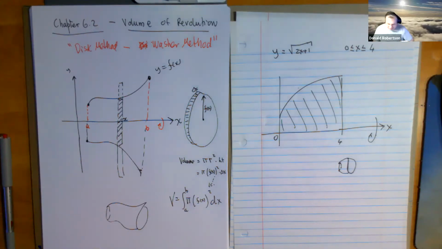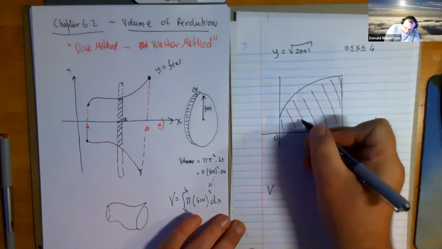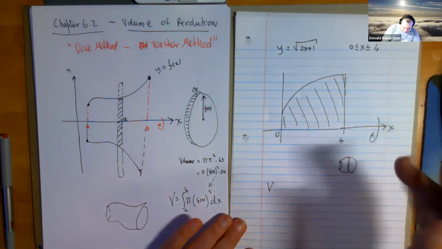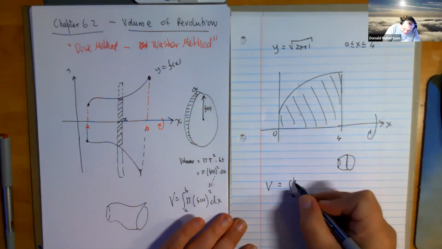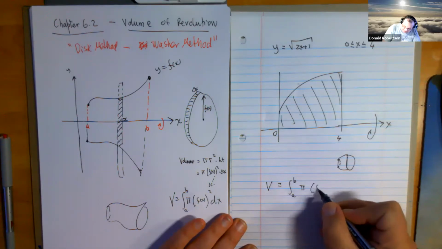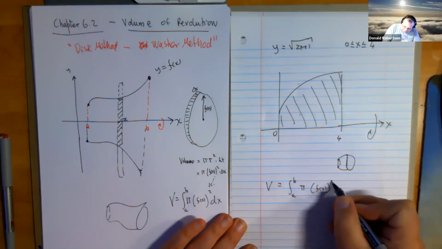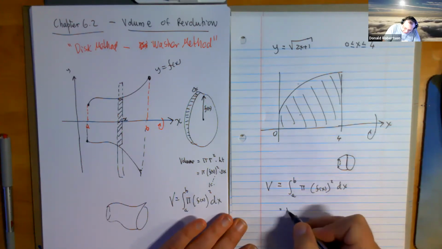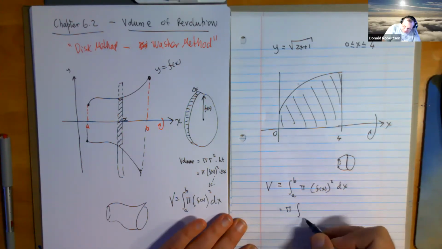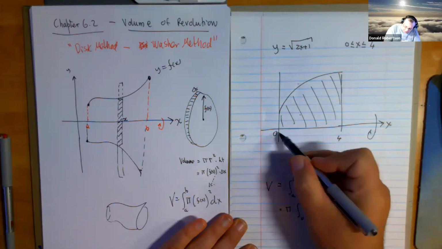That kind of shape. How do we find the volume of this particular shape? It's the integral from the start to the finish of pi, the function squared dx. Now what I typically do is pull the pi out and go from 0 to 4.